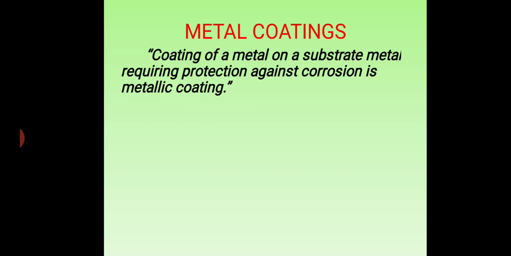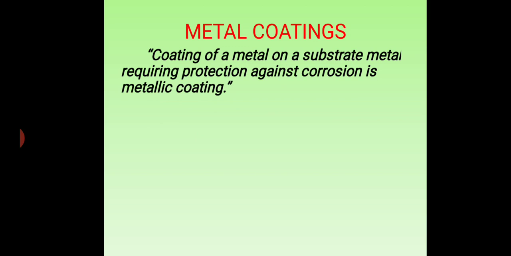Otherwise, there are numerous methods, such as we can connect that article to the cathodic part of the electrolysis process, and we can give electrolysis process to that article and form a metal coating on it, or there will be electroless plating method.